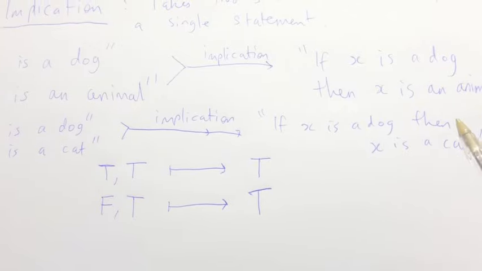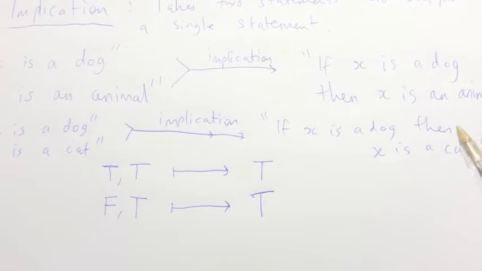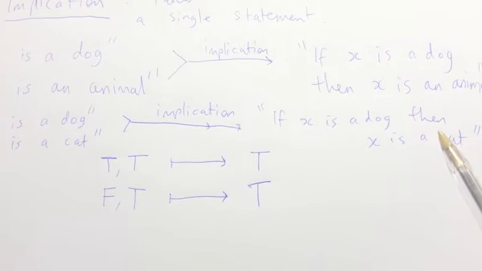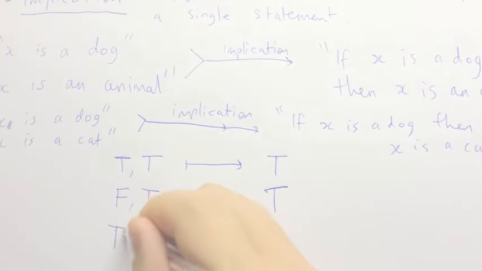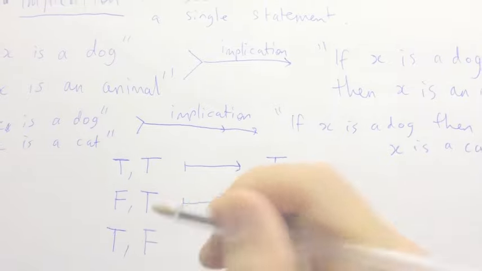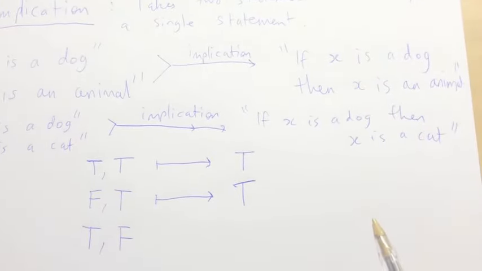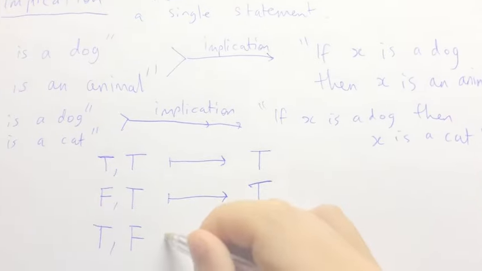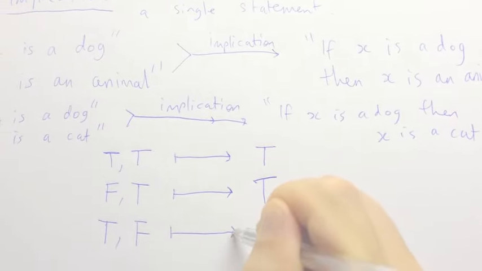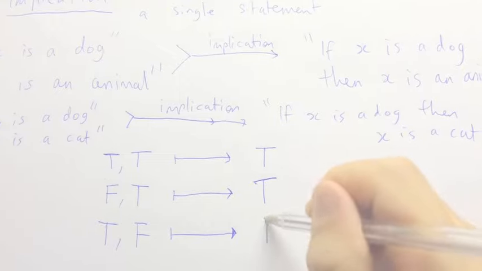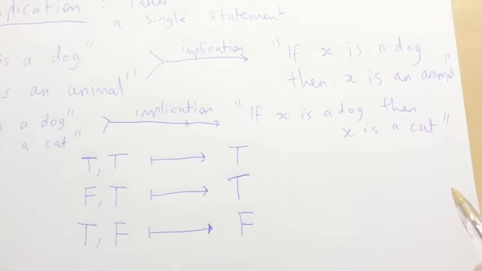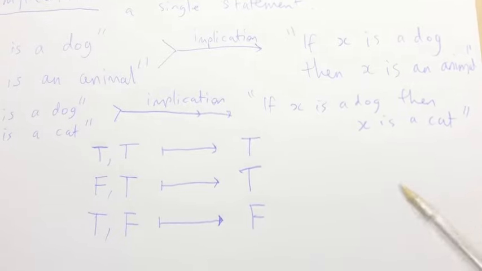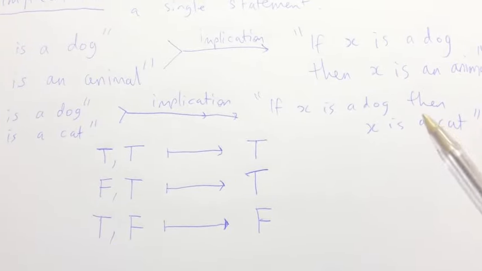So if you input a true and a false, the statement should give you a false. Because you're basically inputting a counterexample to the implication.